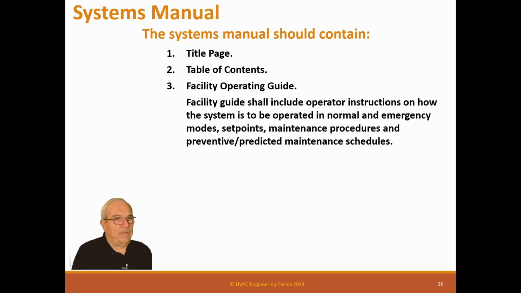And the facility operating guide includes operator instruction how the system is to be operated in normal and emergency modes, set points, maintenance procedures, and predictive maintenance schedules. What you've done is you create the facility guide. It's really not as hard as it sounds. You take the O&M manuals you got and you lay out what needs to be done.